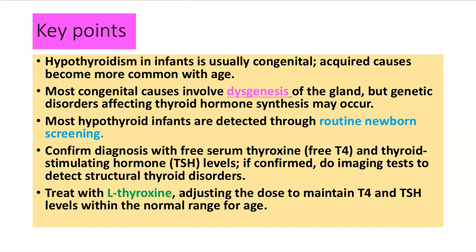Confirmed diagnosis with free serum thyroxine and thyroid stimulating hormone. If confirmed, do imaging tests to detect structural thyroid disorders. Treat with L-thyroxine, adjusting the dose to maintain T4 and TSH levels within the normal range for age.